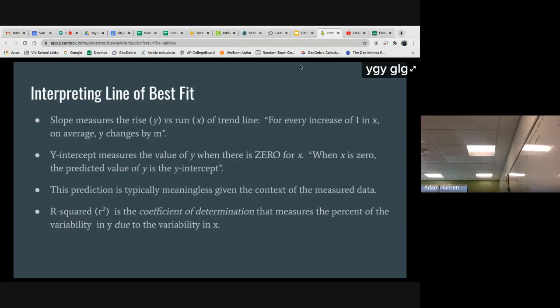How good our trend line is at matching the data. R squared, as its interpretation, is the percent of variability in y that is explained by the variability in x.